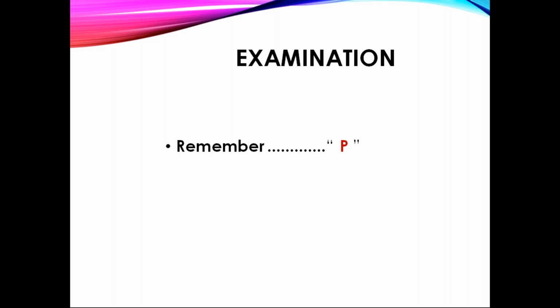In examination of proptosis, mainly we have to remember the letter P. Some books give 7 P's, some books give 9 P's, some books give 11 P's, but it is just a mnemonic to remember. But you have to perform all these tests to evaluate a case of proptosis. So what are those P's? The first P is proptosis.